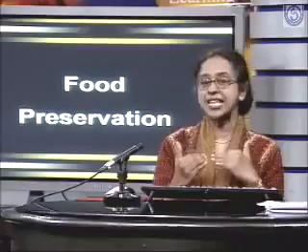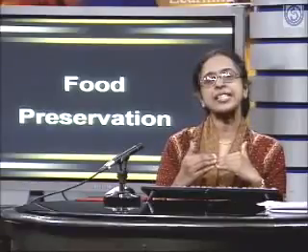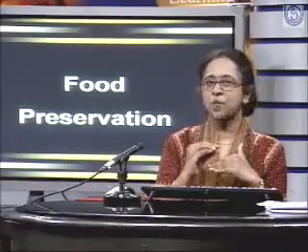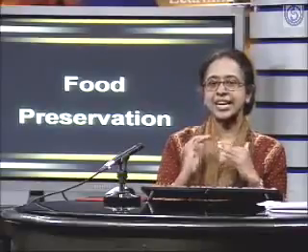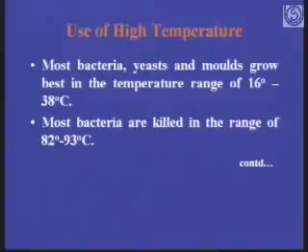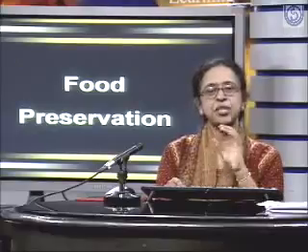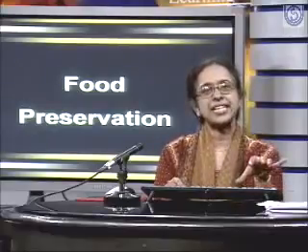But in the second aspect, we are only talking about bacteria, and we are saying that the bacteria are killed in that range, basically 82 to 93 degrees centigrade. So we have a difference right there between bacteria and between yeasts and molds.